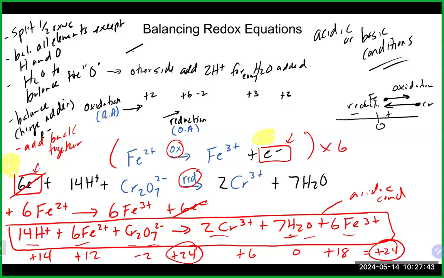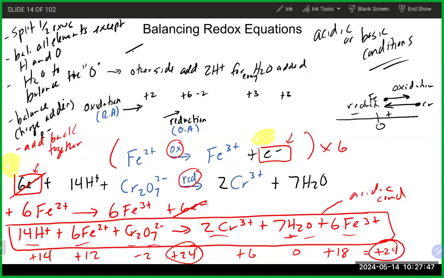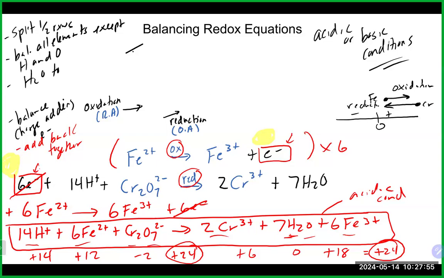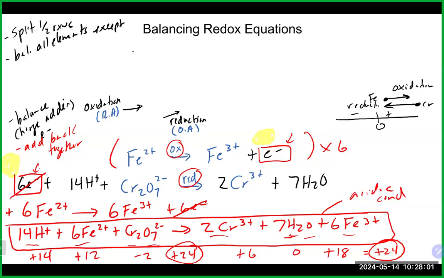And if I did, I'm going to erase some of this top part here and just recopy it up higher so we can see what's going on. So after we balance it in acidic conditions, and if you did need it in basic, like I said, that's sort of the best approach, which is balance it in acidic conditions.